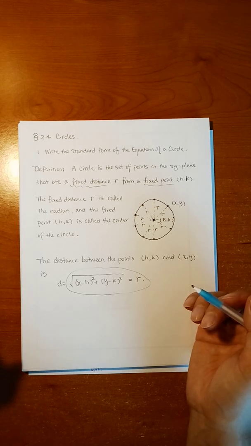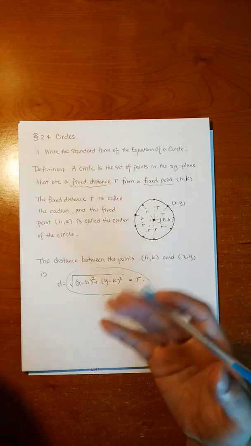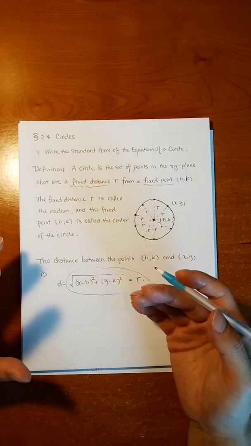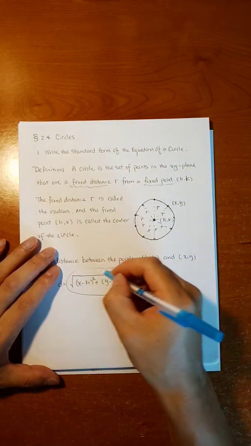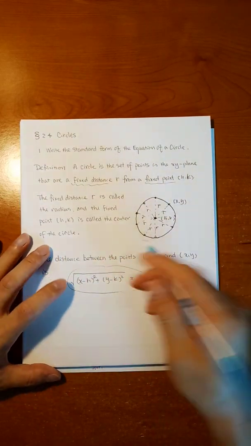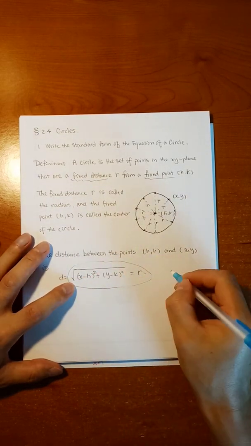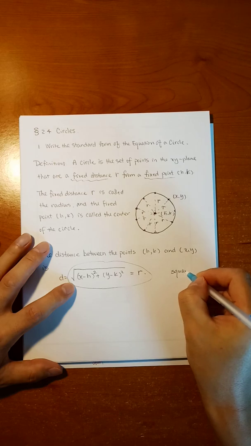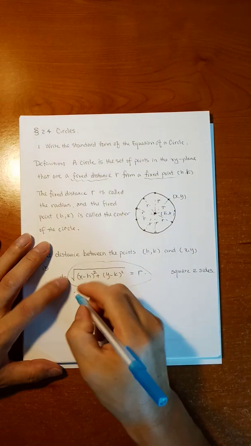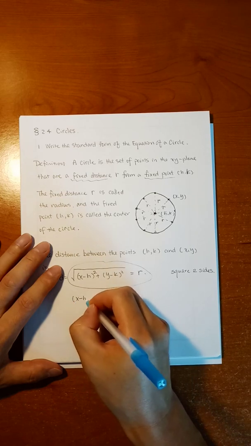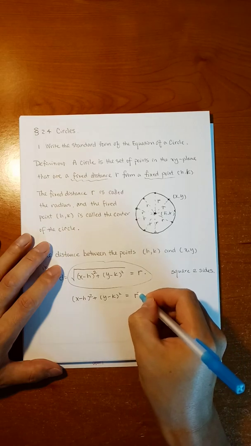But in algebra, we don't like the square root, because square root is not easy for us to compute, or it is hard to write, like you have this long line. So since we don't want square root to appear in the formula, we square both sides. Then we get x minus h squared plus y minus k squared is equal to r squared.